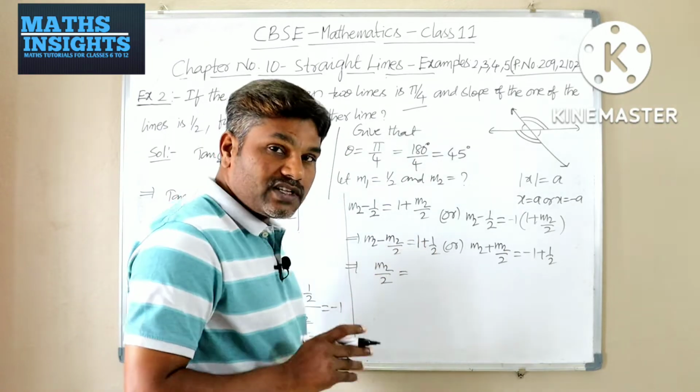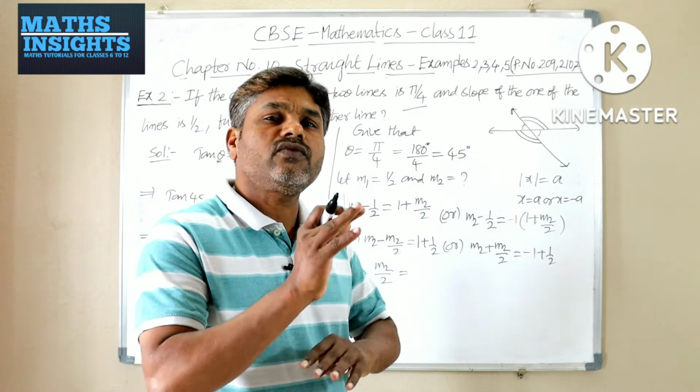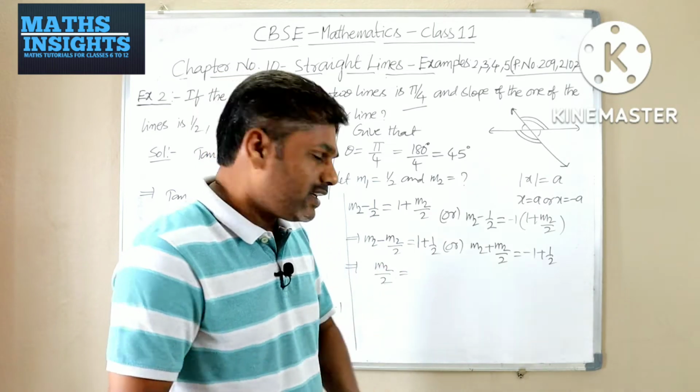This is also 1 plus 1 by 2, 1 and a half, which will give you 3 by 2.